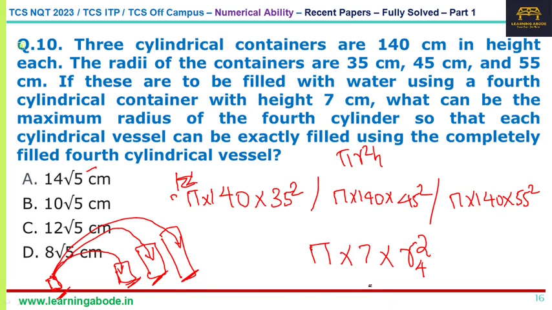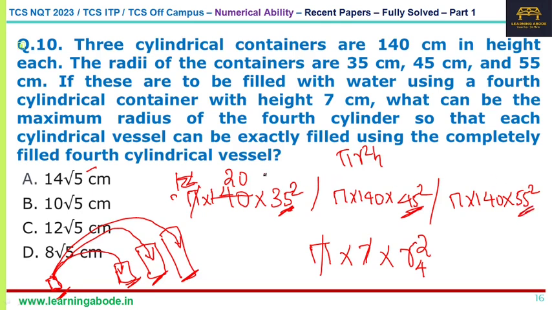Now pi is cancelled for all the three. And 7 and 140, though I am doing it for only one, it is common for all, so 20 is common. After that, what is left? Here you have 35 square, 45 square, 55 square.